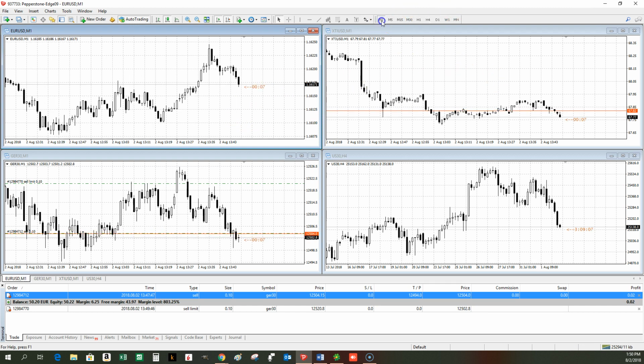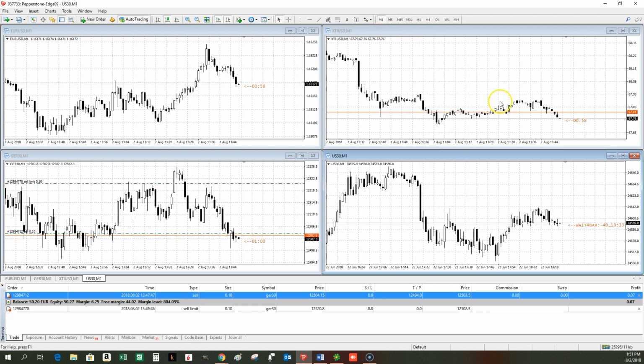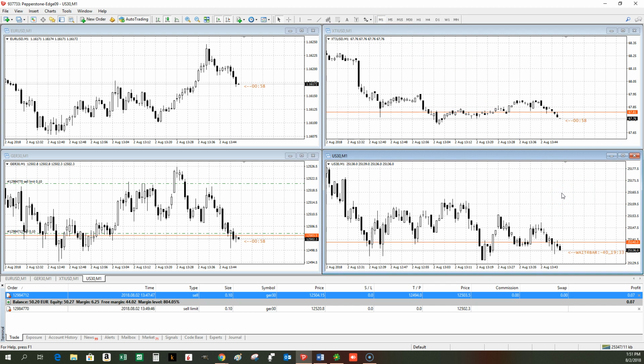Let's see on 1 minute chart. You see the oil is going down. On 1 minute charts, the Dow Jones is going down.